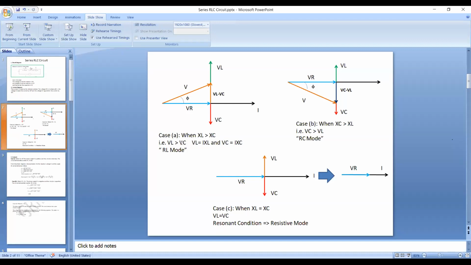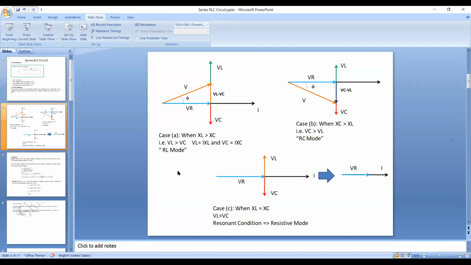Logically, you select the vector length in such a way that VL is greater than VC. That's the reason VL has a bigger length and VC a smaller length. We call this particular condition the RL mode of operation, that is, the circuit behaves like more of an inductive circuit.